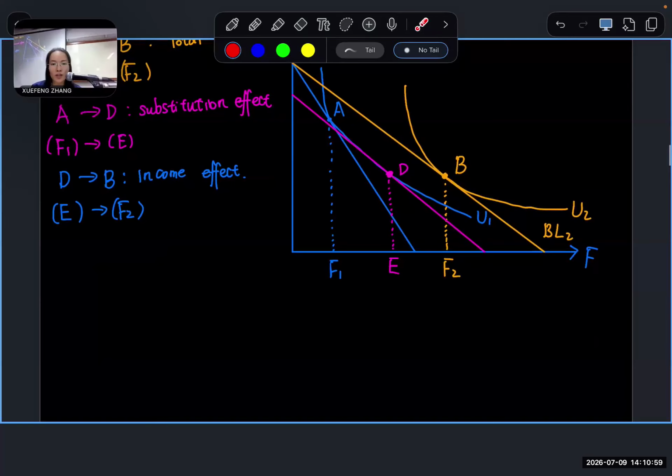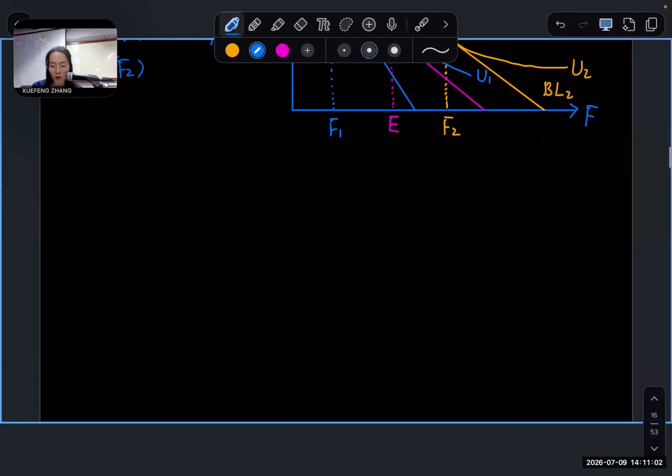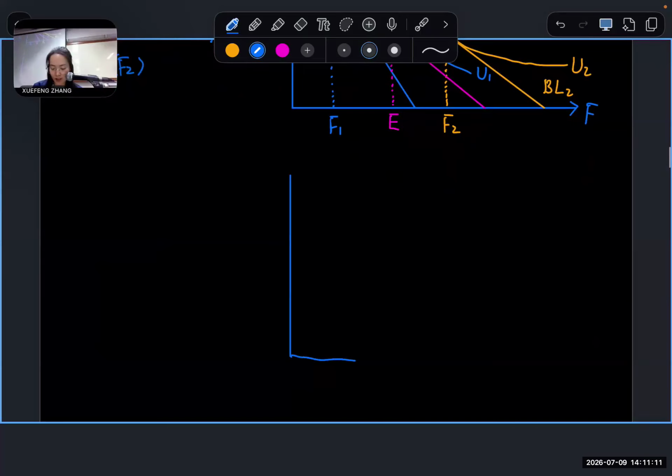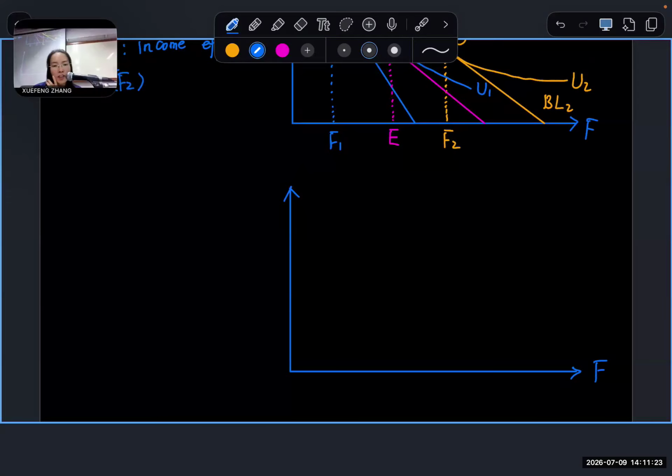And next one, let's draw the demand curve for food, okay? You have to draw the same coordinates. In this case, on the x-axis is the quantity of food, and on the vertical axis is the price of food, okay? Because we are talking about the demand curve, it's always the relationship between the price of that good.